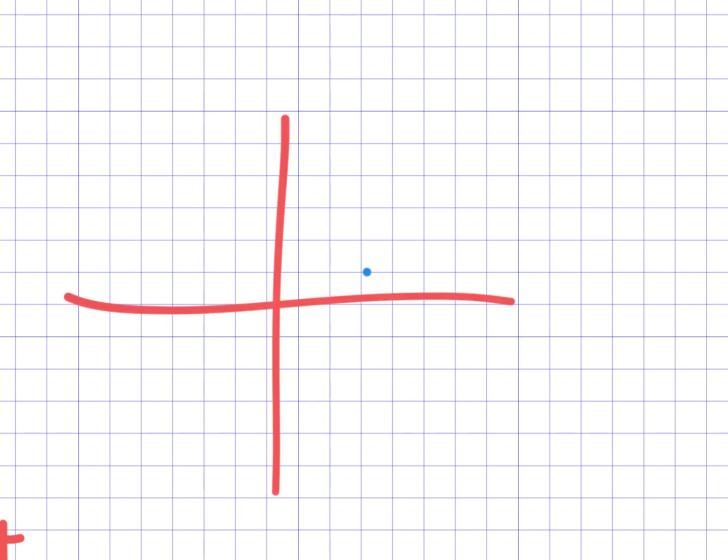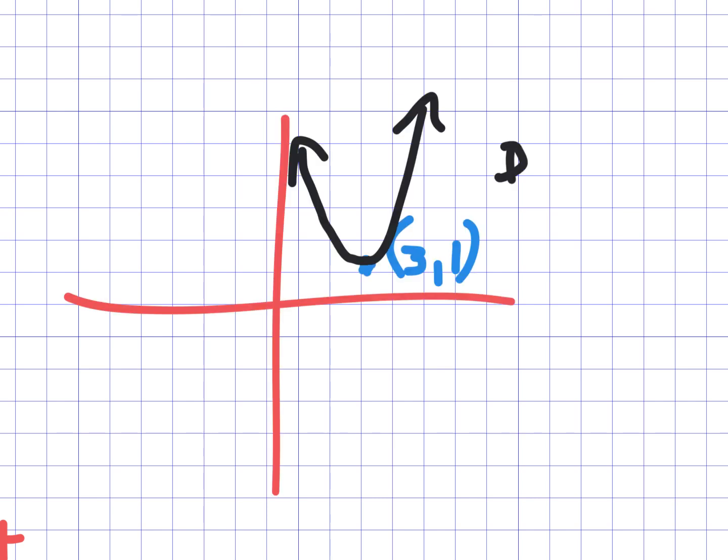All right, and last but not least, I need you to remember domain and range. So here's one more parabola. It's going to go through that point right there, which I'm going to say is 3 comma 1. If it does that, what's the domain?